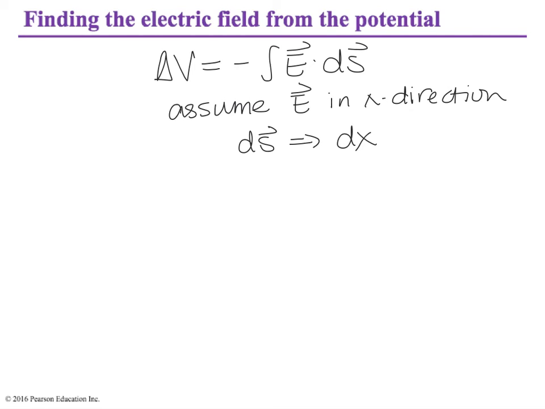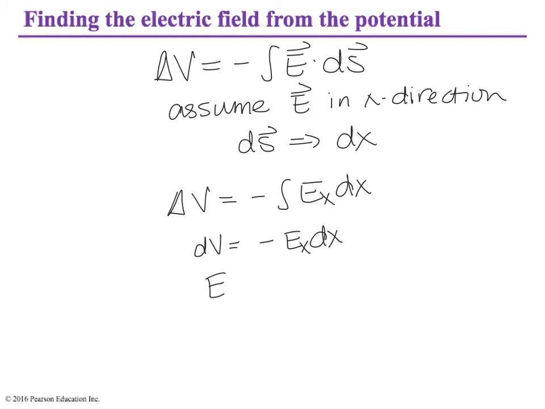So here I have delta V then is equal to minus Ex dx. And if I take away my integral sign, then instead of delta V, this is dV, and this is equal to minus Ex dx. So Ex, we can just rearrange this, can be found by taking the derivative of the potential with respect to x, and it's the negative of that.